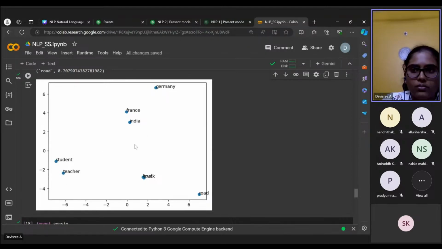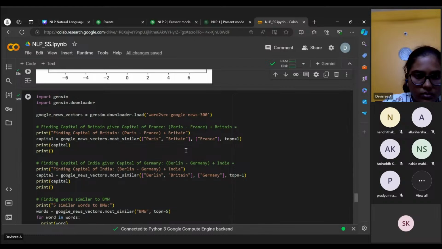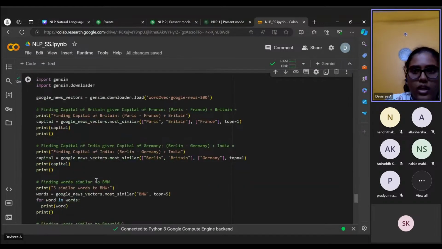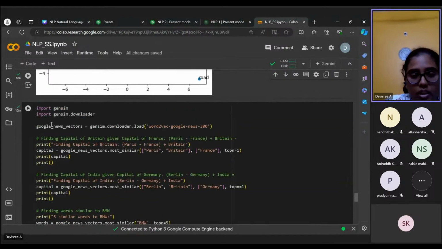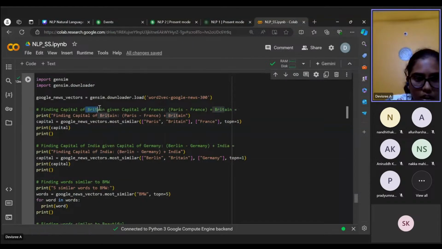So this is a representation of the word embeddings in a two-dimensional vector space over here. Okay, as I had mentioned about the word relationship between different words, using that concept right here, we will find the capital of different countries when one of the capitals is given. For example, finding the capital of Britain, given that the capital of France is Paris.